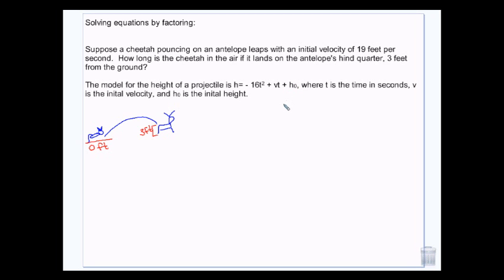And that works for jumping cheetahs or throwing a ball, or anything. There are a couple that are a little more complicated that take into account wind resistance and stuff, but this is the basic formula which ignores wind resistance and things like that.